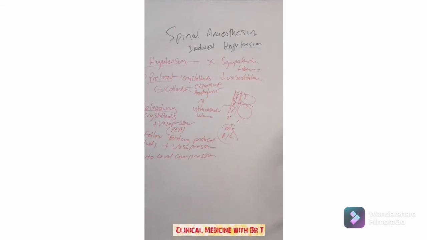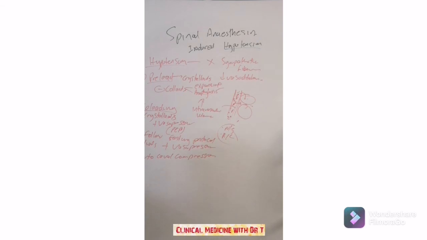Aortocaval compression is when the mom is lying on her back, so she's supine, and then the gravid uterus presses on the inferior vena cava, and that acts as an obstructive lesion, so it decreases the venous return, and you end up having a low cardiac output and a low blood pressure.